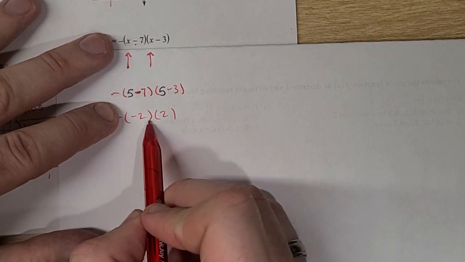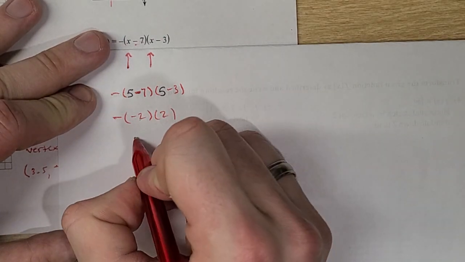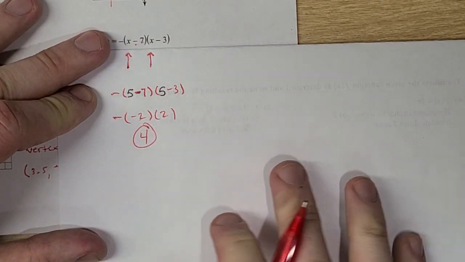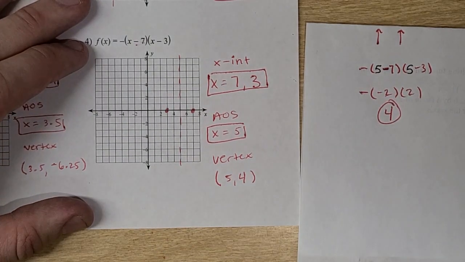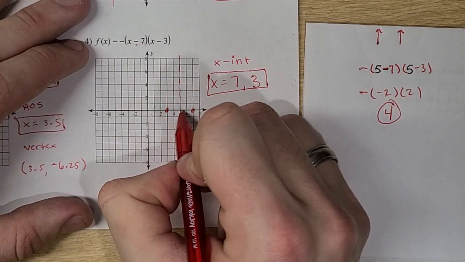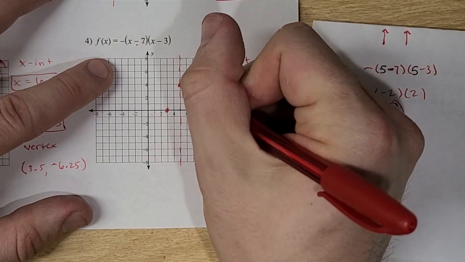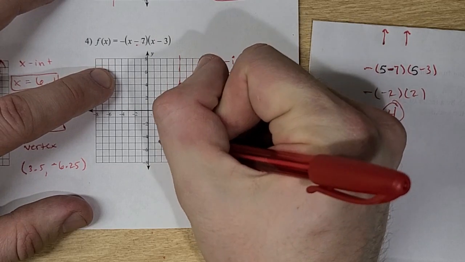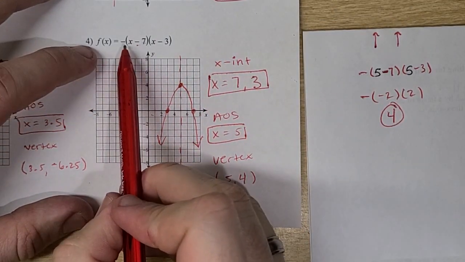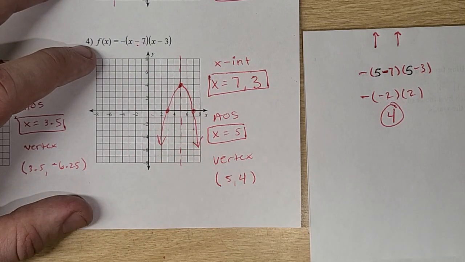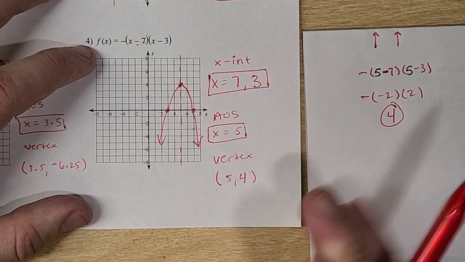So negative 2 times positive 2 is a negative 4. Times this negative, you get a positive 4. So the y portion of my vertex is 4. I'm going to plot that, 5, 1, 2, 3, 4, and then connect these. Now this should make sense because we have a negative number in front, meaning I knew it was going to flip down. Okay. X-intercepts, axis of symmetry, vertex.